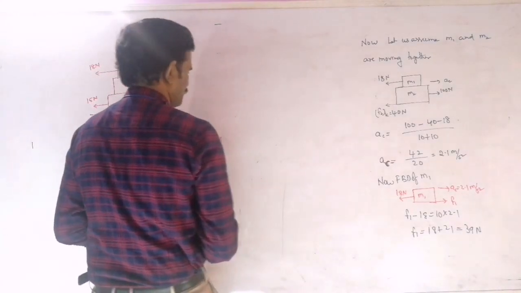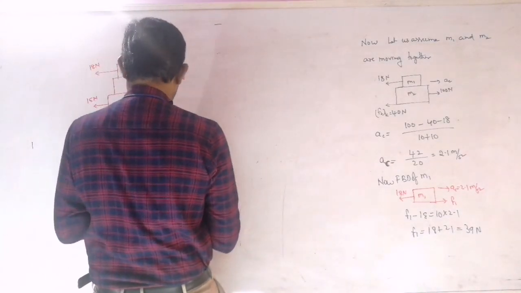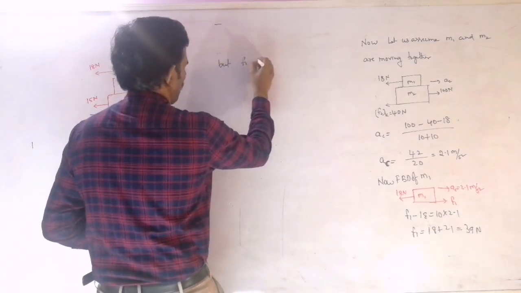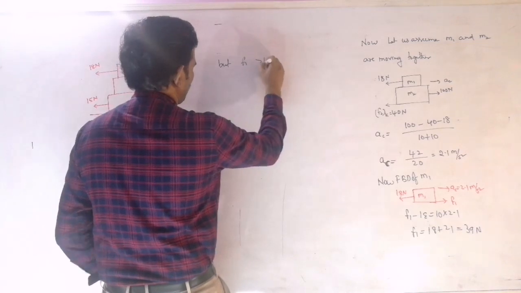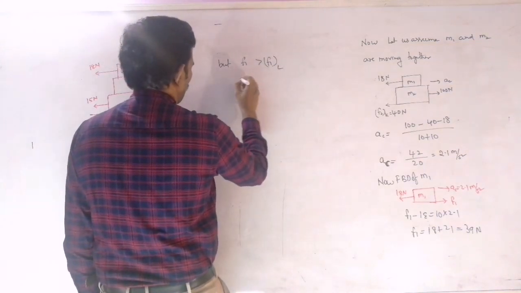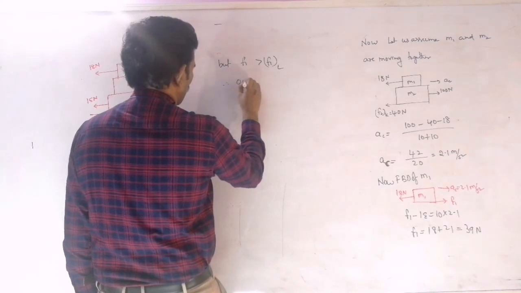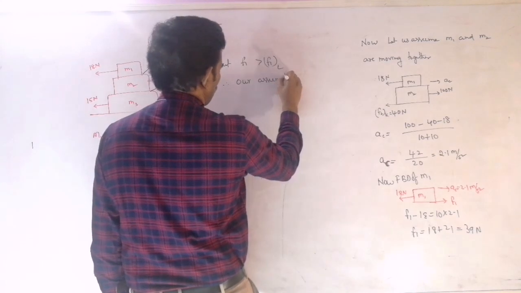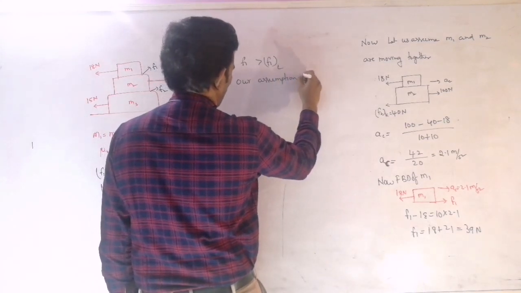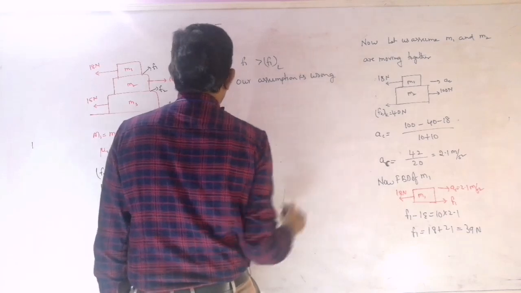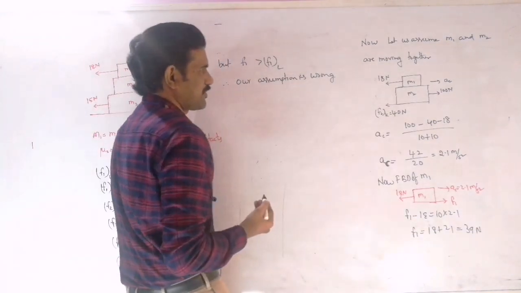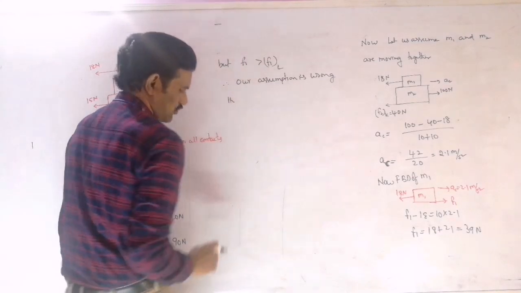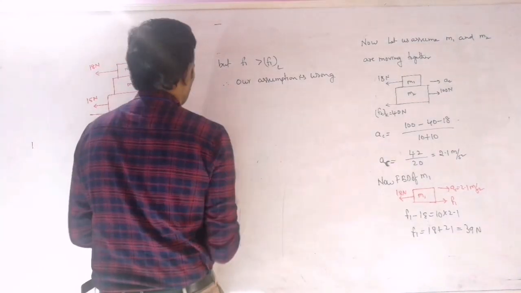F is greater than F1 limiting, therefore our assumption is wrong. That means there is some slipping between M1 and M2, and we need to take the free body diagrams separately.